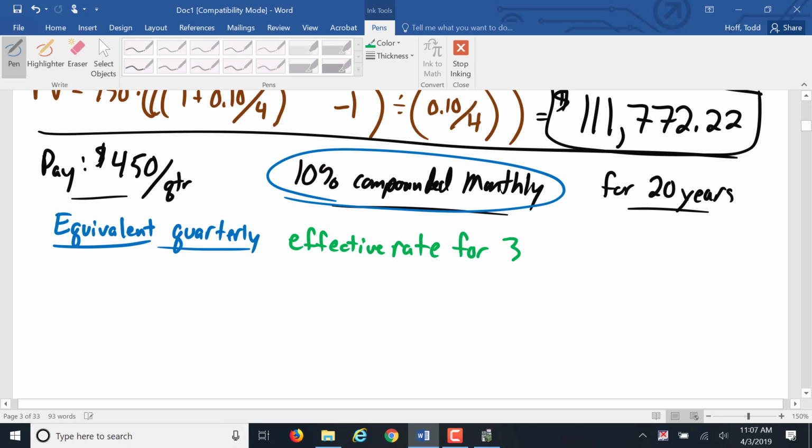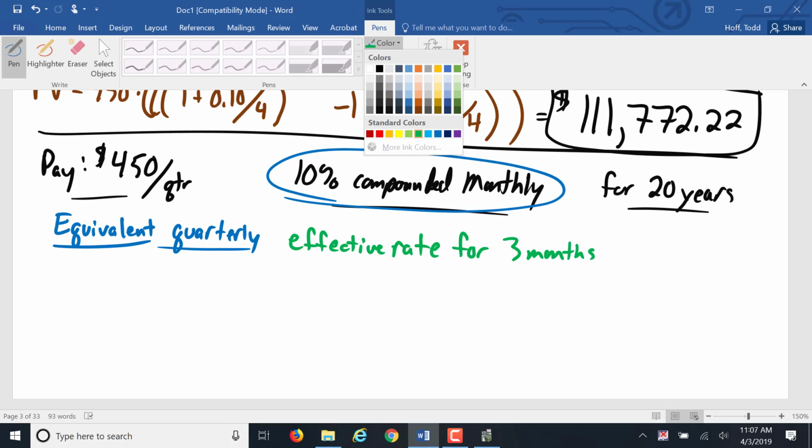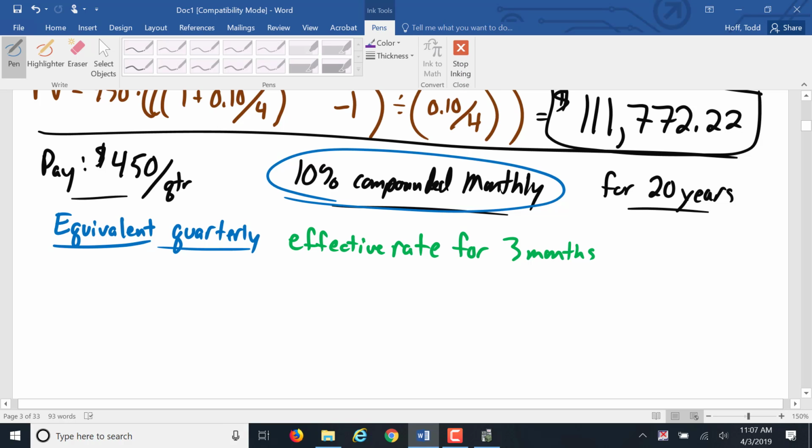In other words, for 3 months. So it doesn't matter what amount we use for the effective rate, remember. We're just going to pick a dollar amount that works well. So we're going to find the future value. We're going to use $10,000 because that helps our decimal places so we don't lose too much in a round off.